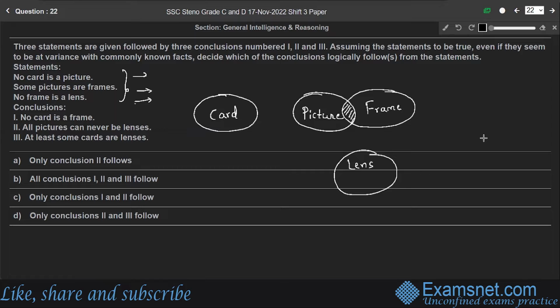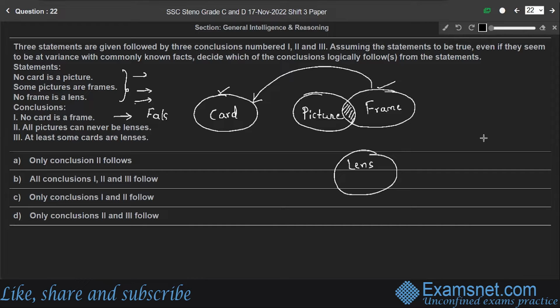Next, the conclusion part. No card is a frame. There is no direct relation between card and frame according to the statement. According to the statement, no card is a picture. Some pictures are frames, but some frames can be cards. There is a possibility. Therefore, we cannot say strictly that no card is a frame. Therefore, it's a false conclusion.